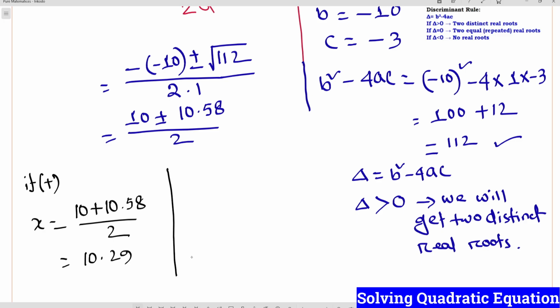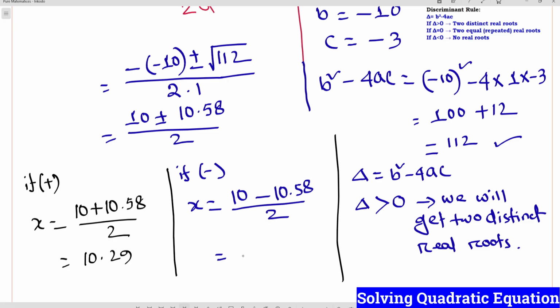If negative, x equals 10 minus 10.58 divided by 2. That means minus 0.58 by 2, and finally the result will be minus 0.29.